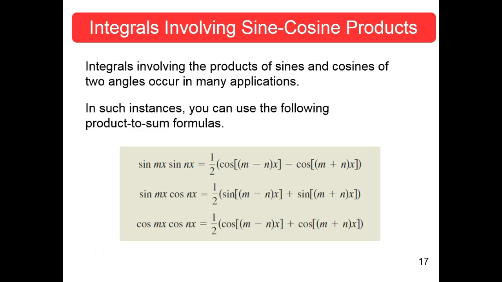Minus, and you do the same thing here with the sum, cosine mx cosine nx minus sine mx sine nx. So the cosines cancel out, and the sines add together, and that's why you divide by 2.